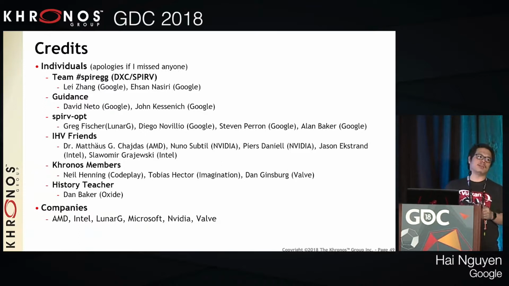And Tobias Hector has given us a lot of feedback on how things should flow in Vulkan itself when SPIR-V is executed. And Dan Baker, I'm not sure if he's here today, but Dan Baker was one of the original authors of FXC, and he's had to put up with a lot of direct conversations about why did you do this?